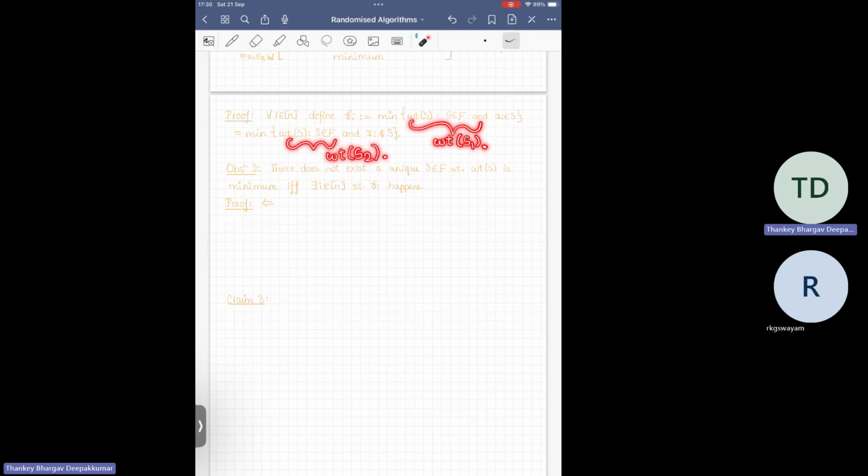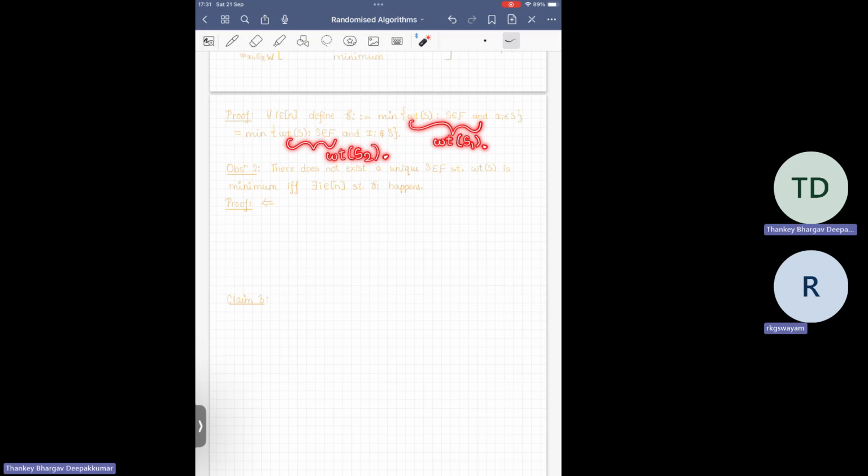I know that they are the same weight, but from here I somehow want to argue that there exist two sets which have the same weight, and this weight is minimum among all sets in F, right? Yes. So how do I go from these two sets, S1 and S2, to those two sets? S1 is minimum among all S in F containing Xi, and S2 not containing Xi, right?